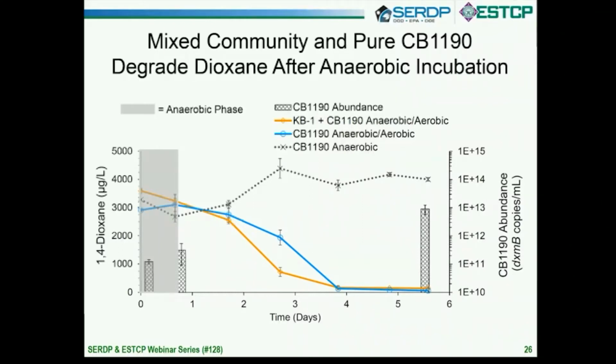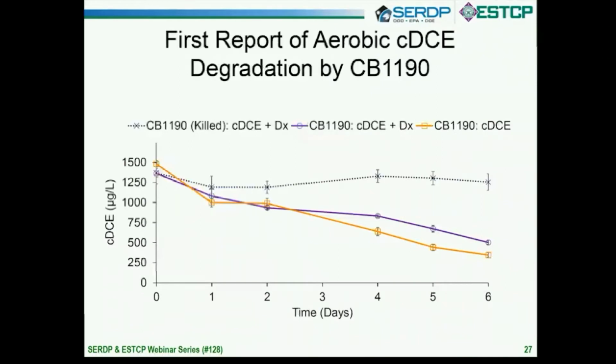The abundance of CB1190, indicated by these columns, doesn't change much under anaerobic conditions, as you would expect, but increases as the cell population grows while degrading dioxane aerobically. So this is working really well: initial anaerobic TCE reduction, and once things become aerobic, cis-DCE, dioxane, and all the other things are removed aerobically.